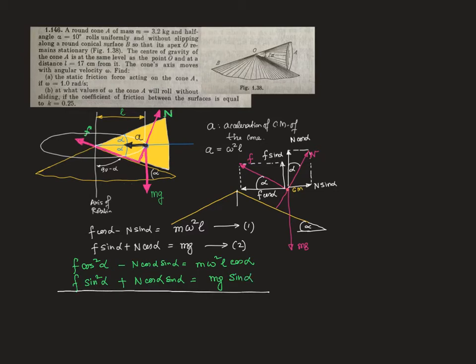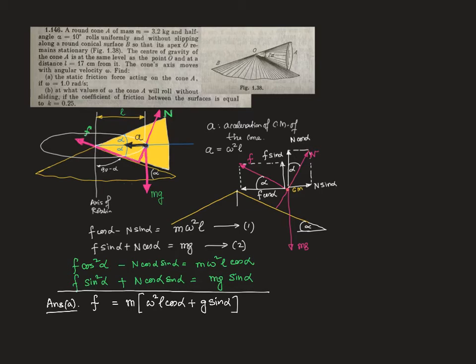We can add the two equations. You get F is equal to m times omega square L cos alpha plus g sin alpha. So this is the answer to part A. We have found the value of the friction F.